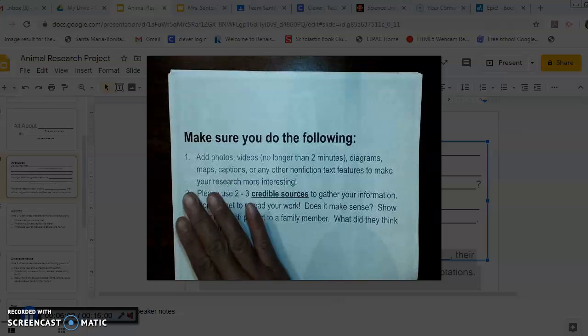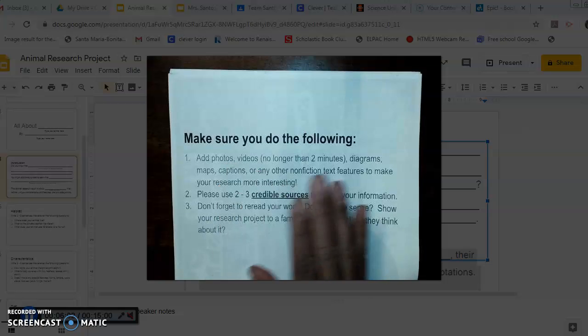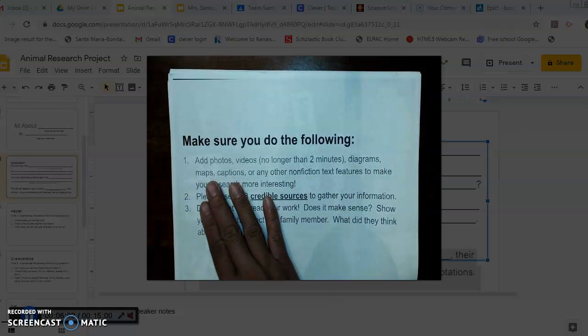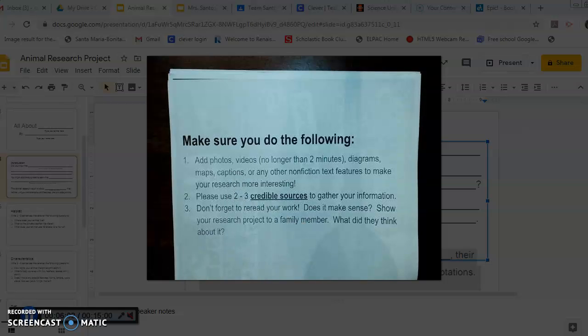Add some videos. Make sure they're no longer than 2 minutes. When it goes over past 2 minutes, it's pretty long, okay? Add some photos. Add a diagram maybe. Maybe you want to include a map of where it lives. Maybe you want to include some captions about where you've included a picture and then you're explaining what the picture is all about.